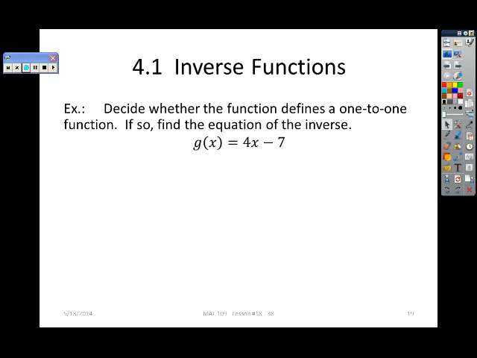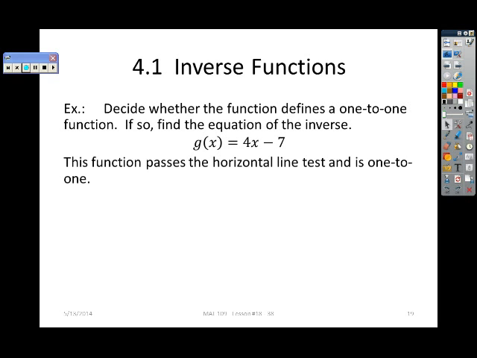Is that a one-to-one function? Yes. It's a straight line, therefore it is. Because it's one-to-one, it does have an inverse. So now we can go find that inverse. But don't waste time to find an inverse until you check whether it has one.